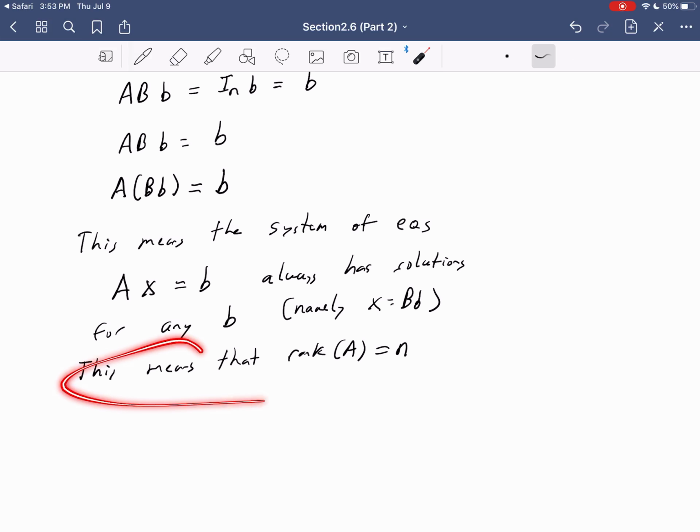Now, you might say, how can we make that jump? How can we say that, since this system of equations always has solutions? Notice I didn't say unique solutions. I said it always just has solutions. How do we know then that the rank of A is equal to n? Well, it's actually by doing a little bit of reverse logic.